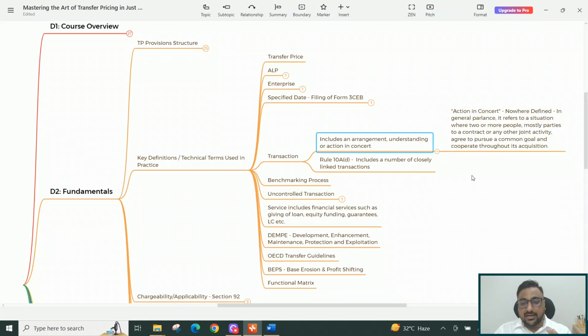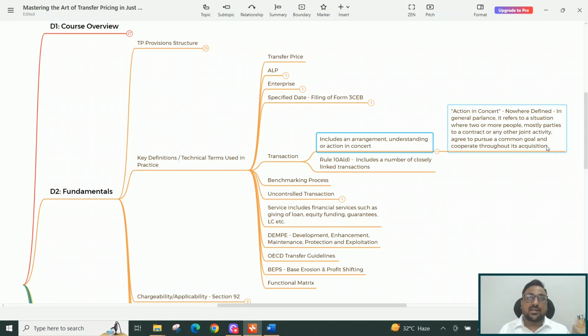Arrangement and understanding we know, but action in concert is also important when you see the transfer pricing applicability part. Why? Action in concert has not been defined anywhere, but in general parlance it refers to a situation where two or more people, mostly parties to a contract or any other joint activity, agree to pursue a common goal and cooperate throughout its acquisition. So that is what action in concert means.